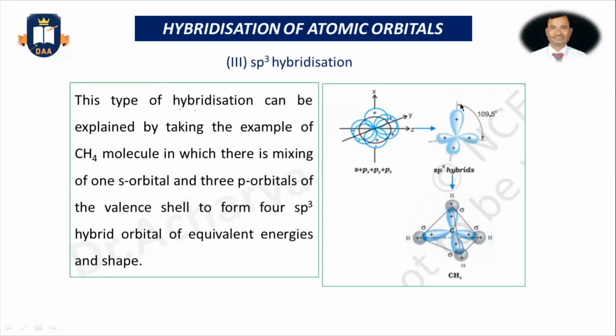And then the bond angle, this angle is 109.5 degrees from each other, and the positive lobes of these sp3 hybrid orbitals will form methane with four hydrogen atoms' 1s orbitals.